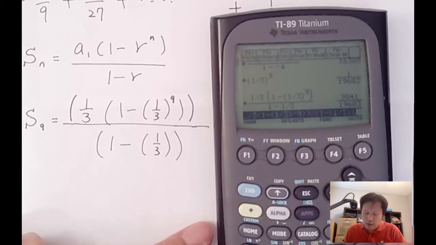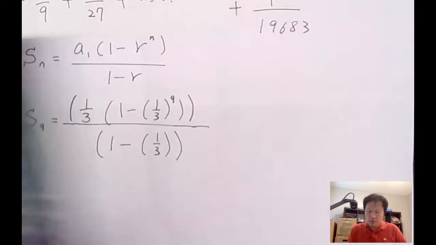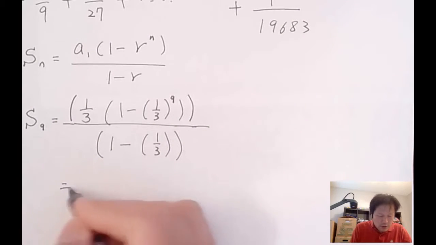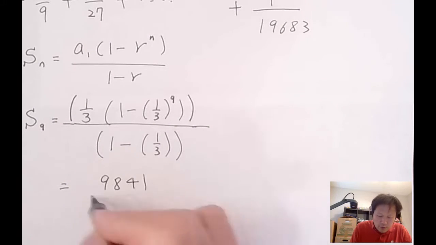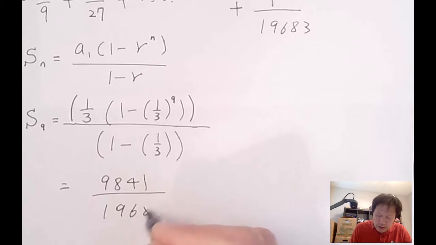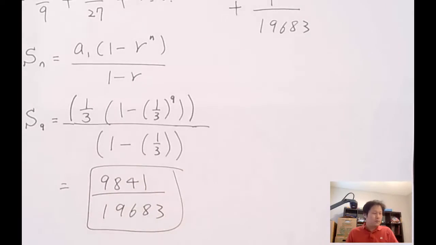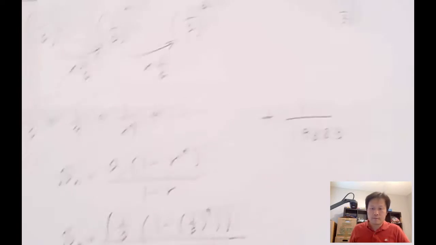Okay, I got a fraction, which is 9841 over 19683. That is my final answer, and yes, that is the correct answer. Okay, next question.